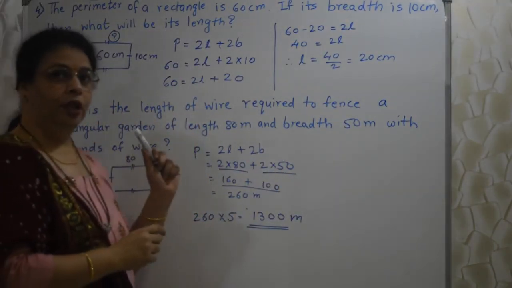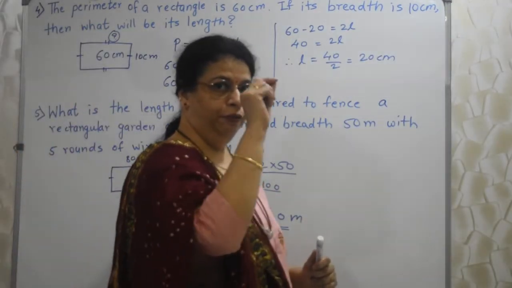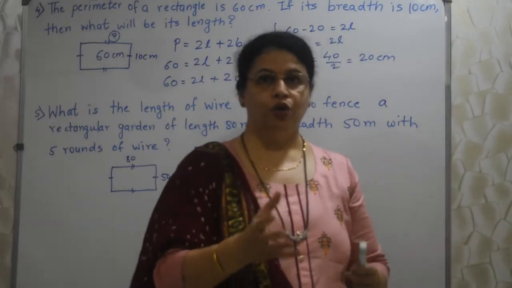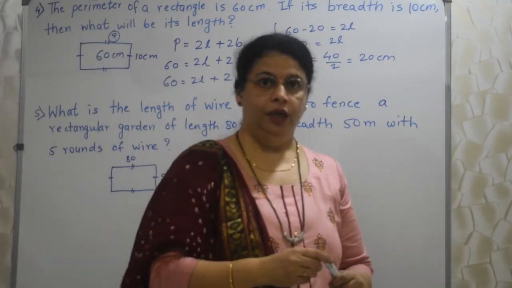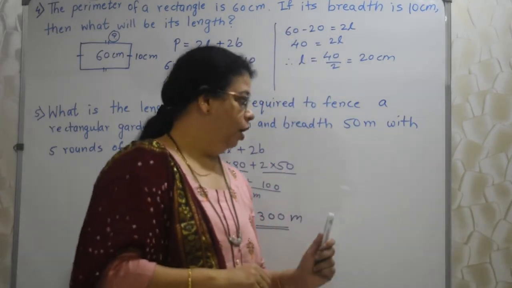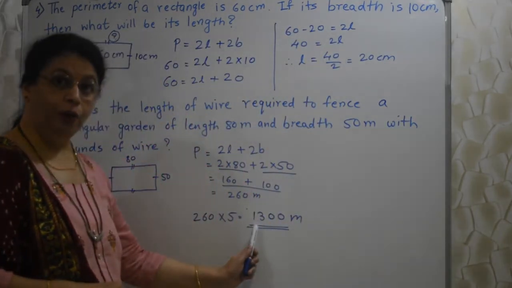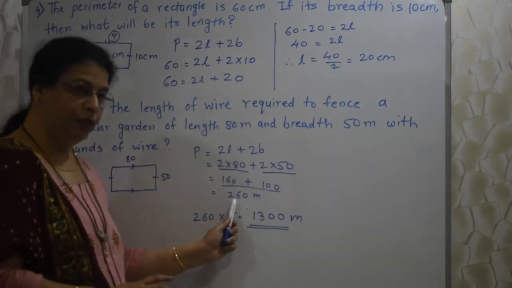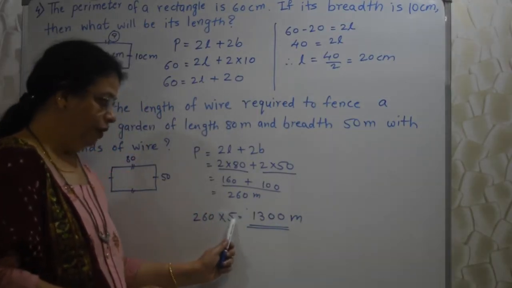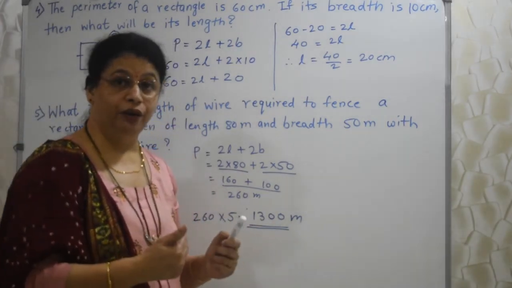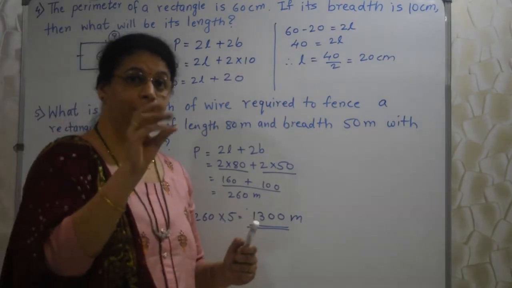Suppose the cost of that wire is 15 rupees per meter, for example. How many meters in all do I require? 1300, because I want to do it 5 times. So one time is perimeter into 5 I did. So these 1300 meters of wire is required for me to fence 5 rounds.